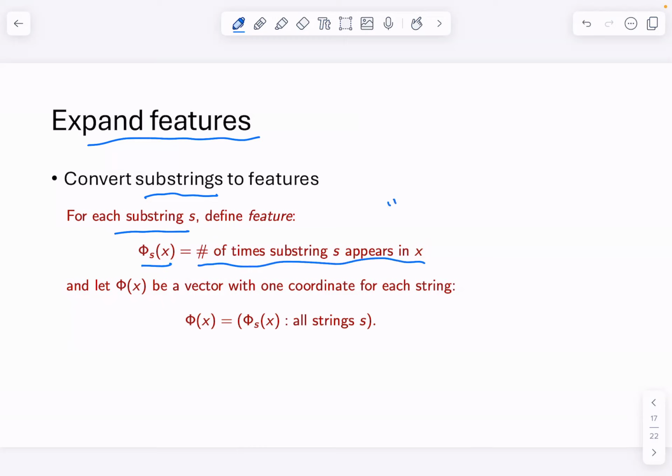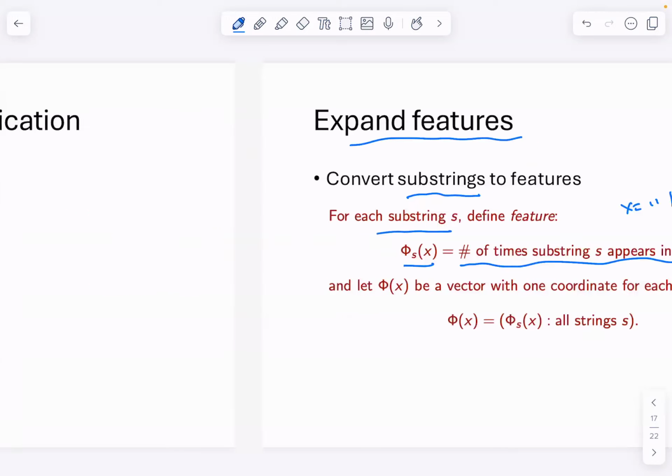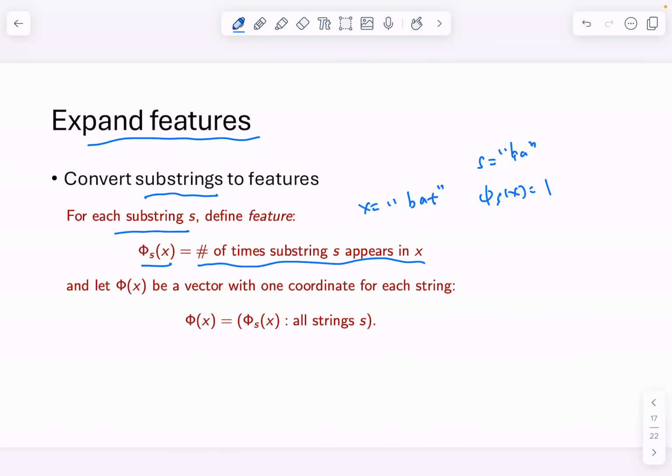For example, if our x, the string, is bat, and our substring is BA, then what is phi_s(x)? It would just be 1, because BA appears once in the word bat.